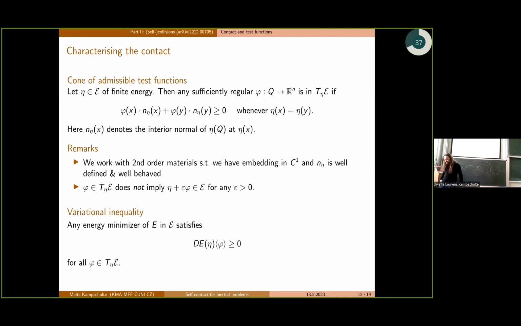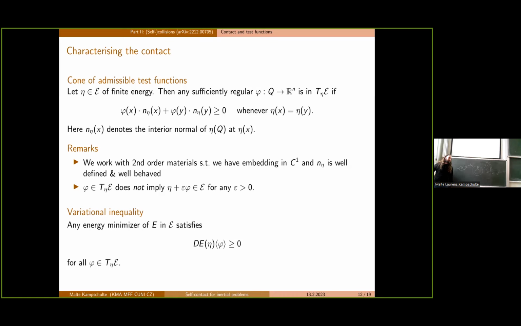I'm mostly trying to point out that this problem is rather tricky. But you can do this. You can take this characterization, and then you say, okay, if I minimize the problem, I don't get an Euler-Lagrange equation anymore. I get a variational inequality.